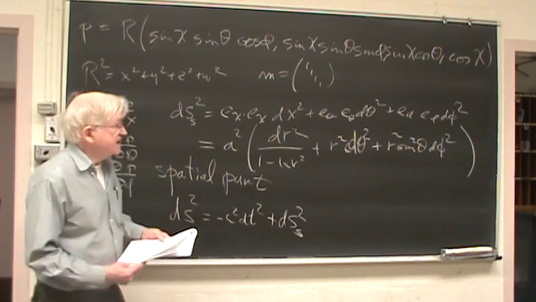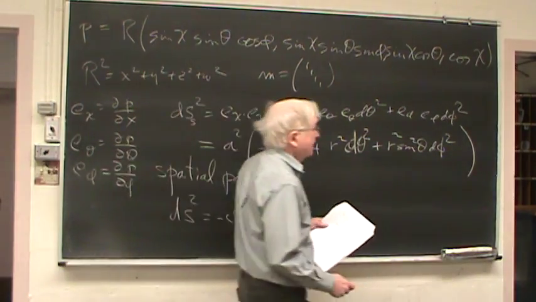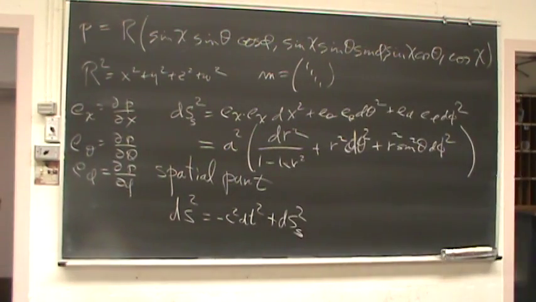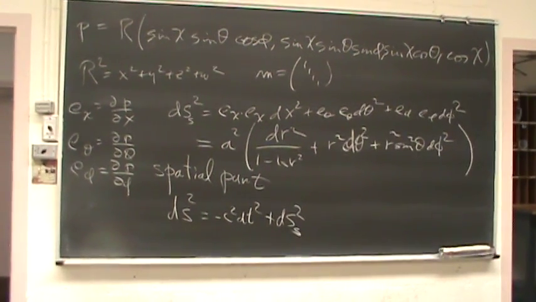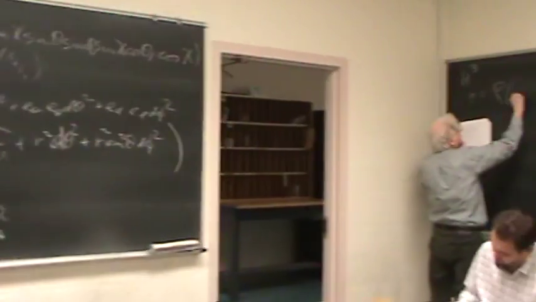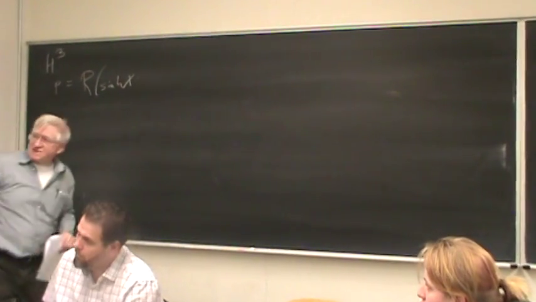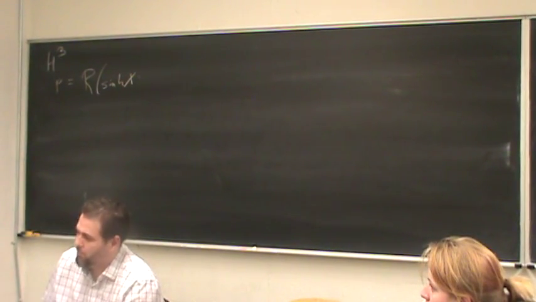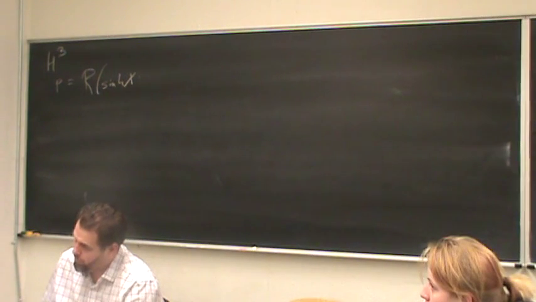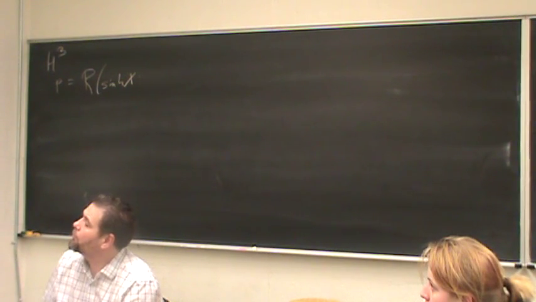And the other case is the hyperboloid H3. I'm sort of repeating myself a little bit here, and I'm sorry about that. This is R sinh chi. Let's see, are those actually the same coordinates? Let me make sure I've got this right.